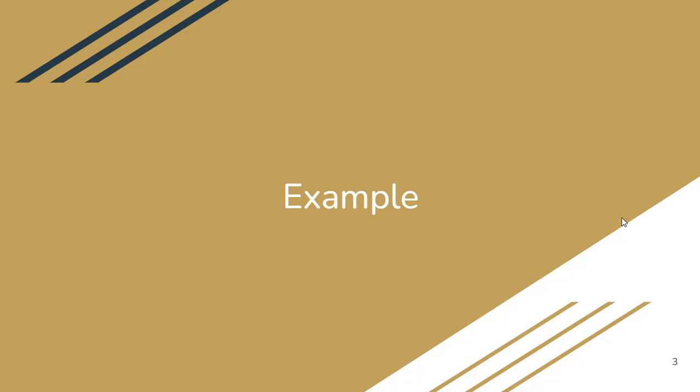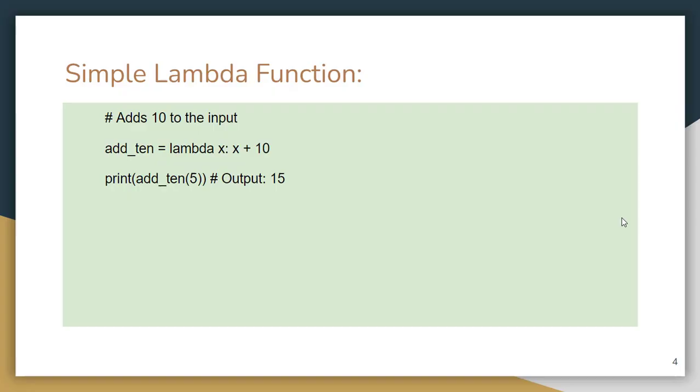Let's go with an example. There is more than one type of example. Simple lambda function, like we can add 10 to any input, and for this we can write a name of the function, add underscore 10.